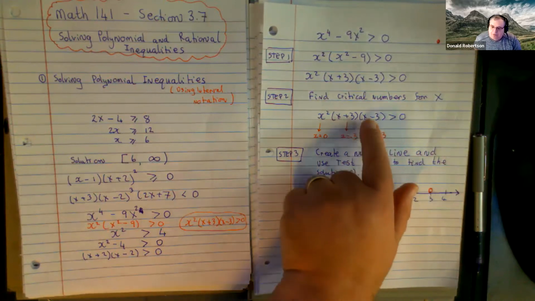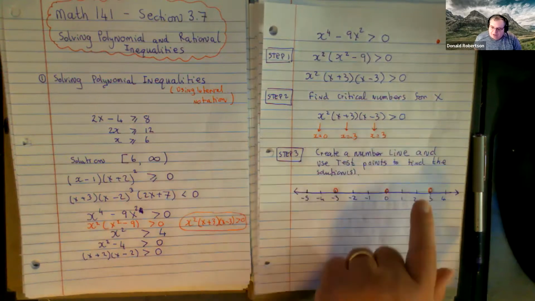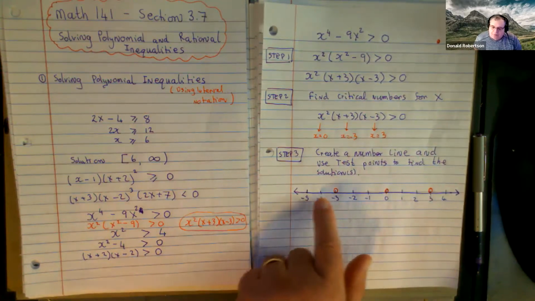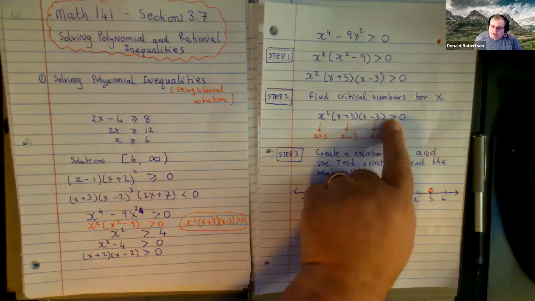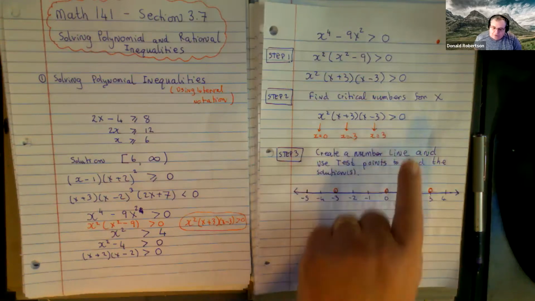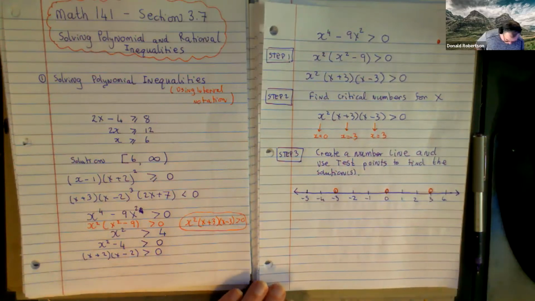If I plug x equals 3 in here, I get 0. So since that is a greater than, everybody here is going to be an open circle, right? That's essentially it. So if that had said greater than or equal to 0, then these would become solid dots and I could use them in my solution.